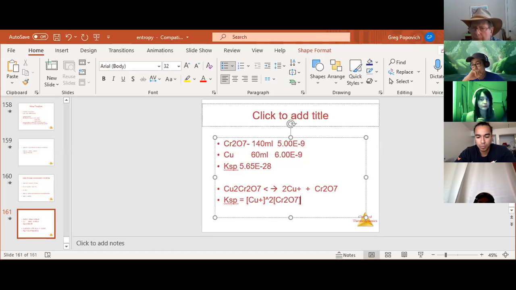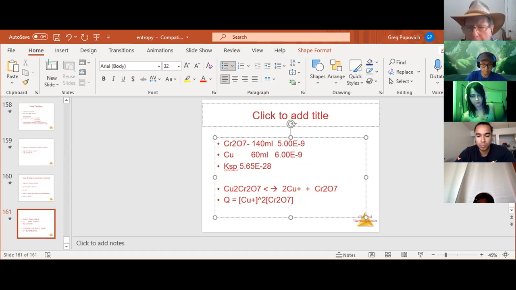Yes. Actually, I'm going to say Q because it's not at equilibrium. The Q is nothing more than the equilibrium expression when it's not at equilibrium. That's what Q is.